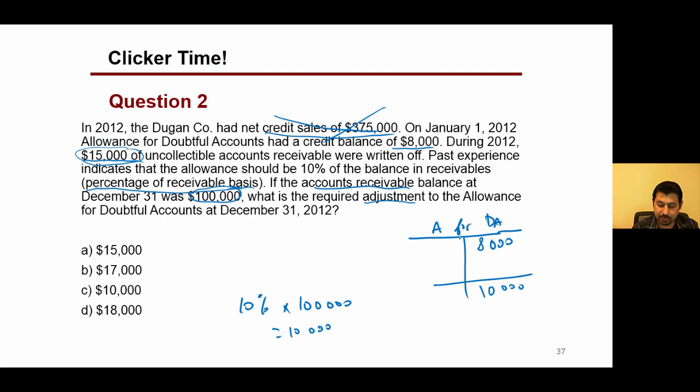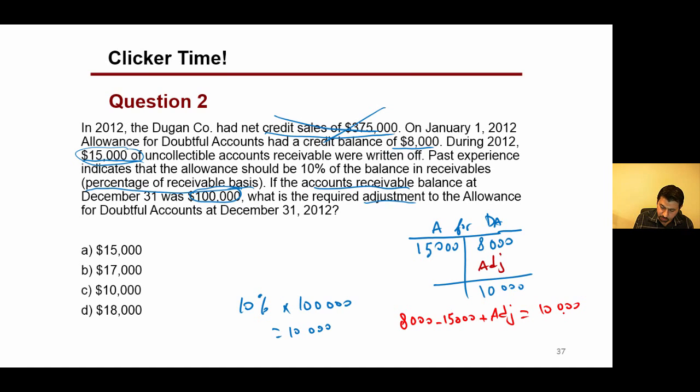When we write off an account, we debit allowance for doubtful accounts. So we have a debit of 15,000, and we have here the adjustment. So 8,000 minus 15,000 plus the adjustment must be equal to 10,000.